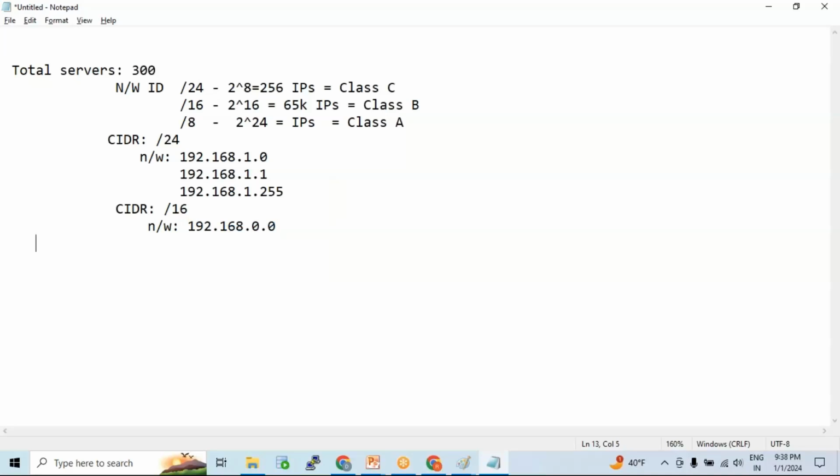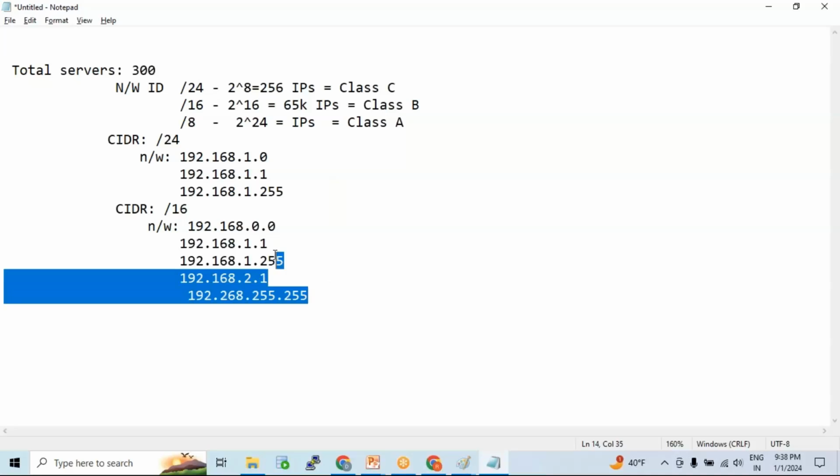Now, if you ask me the IP addresses for this: 192.168.1.1, maybe 192.168.1.255, then 192.168.2.1, and so on, up to 192.168.255.255. It will go on for 65,000 total.